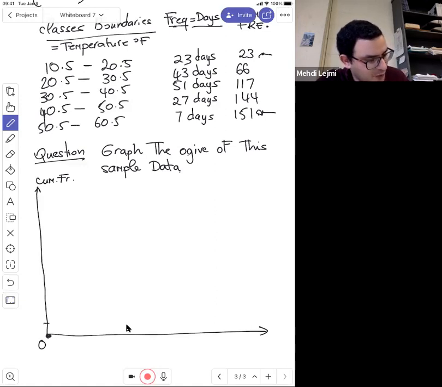You want to go up to 151. So you can use 20 as a unit: 20, 40, then 60, 80, 100, 120, and then 140, and then this is, let's say, 160.